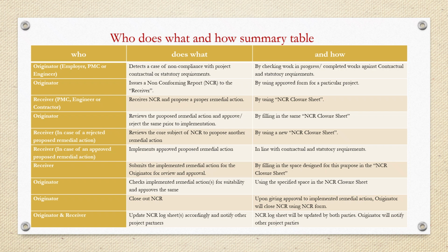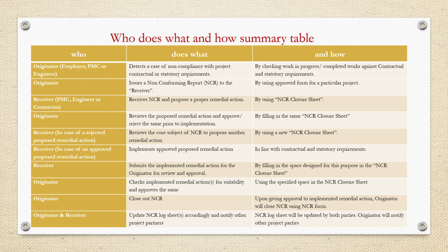Originator checks the implemented remedial action and approves it using the specified space in the NCR closure sheet. Originator closes out the NCR. Upon giving approval of the implemented remedial action, originator will close the NCR using the NCR form. Originator and receiver both will update the NCR log sheet accordingly.